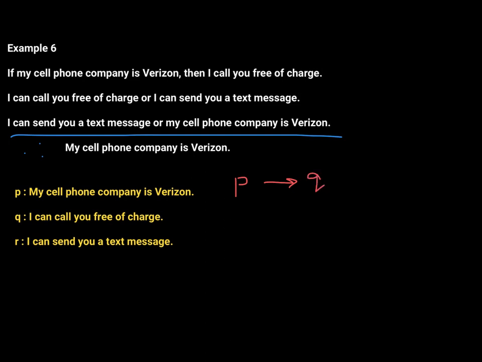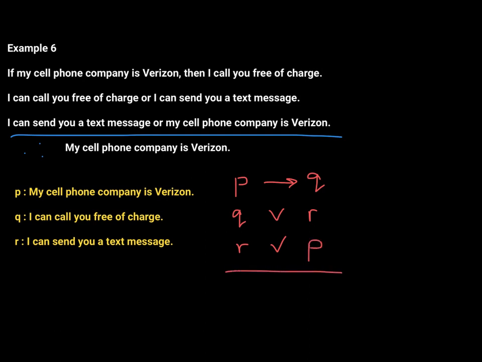I can call you free of charge, that's Q, or, that's a disjunction, I can send you a text message, so or R. Third premise, I can send you a text message, that's R, or my cell phone company is Verizon, so that's or P. That's another disjunction.